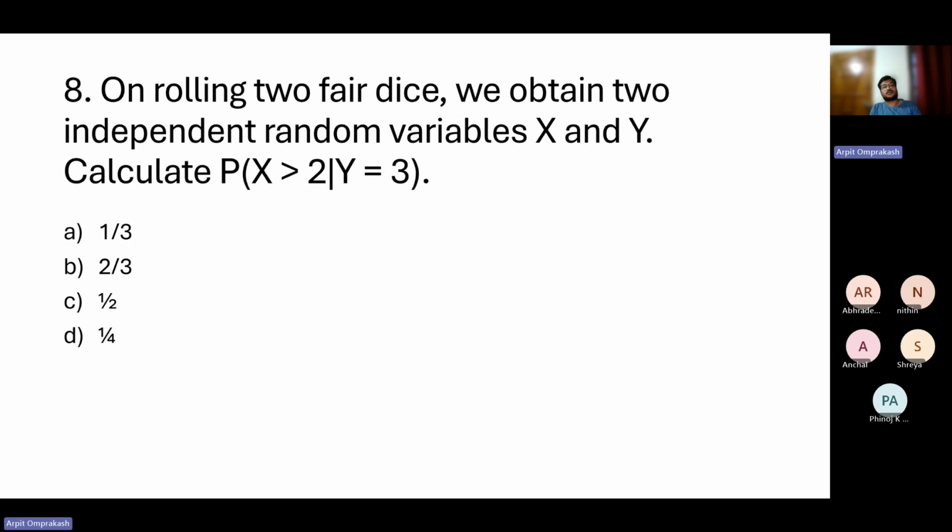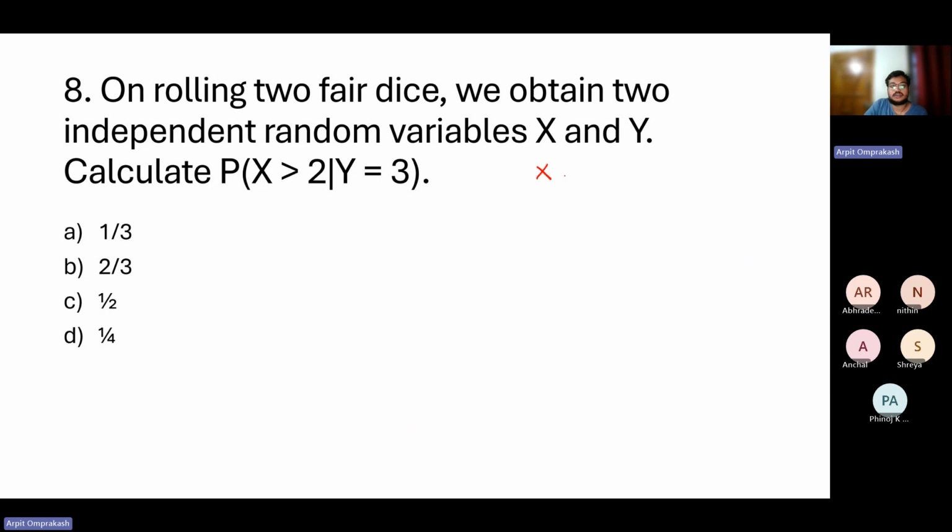Question number 8 is on rolling two fair dice, we obtain two independent random variables, X and Y. Calculate the probability that X is greater than 2 given that Y is equal to 3. Right. So again, we are rolling two fair dice.